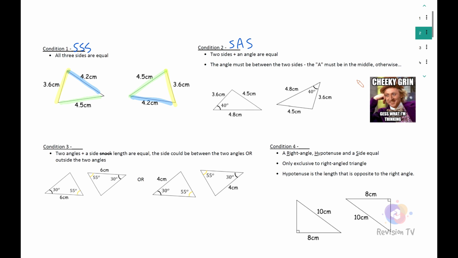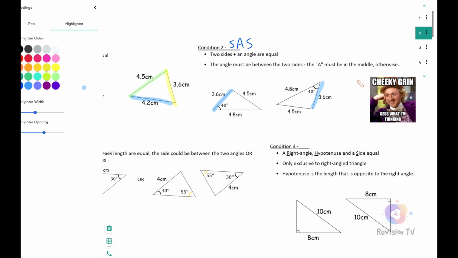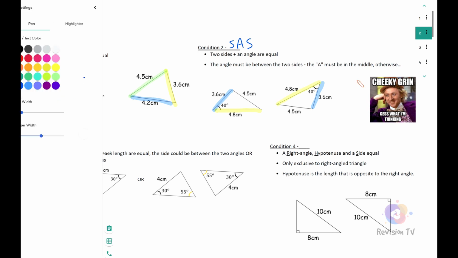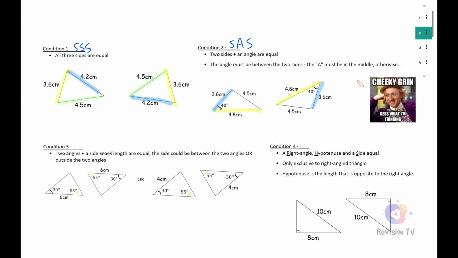So have a look in here. For example, the 3.6 and the 3.6, and then the 4.8 and the 4.8, and then we also have the angle here, 40 degrees.